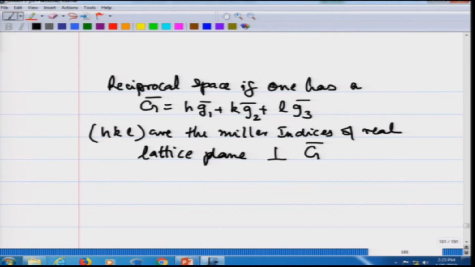And this gives you a way to connect real space and reciprocal space.